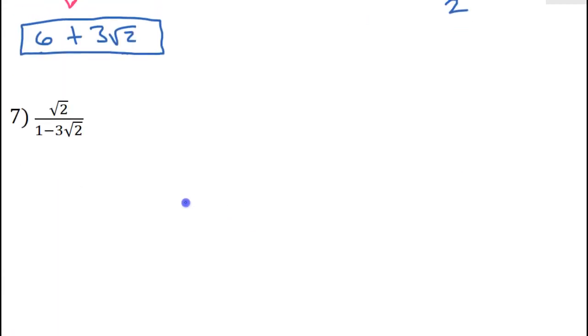All right, let's do one more problem. And I encourage you to pause the video and try to do this problem by yourself, and then see if you got the right answer. So the conjugate would be 1 plus 3 radical 2.